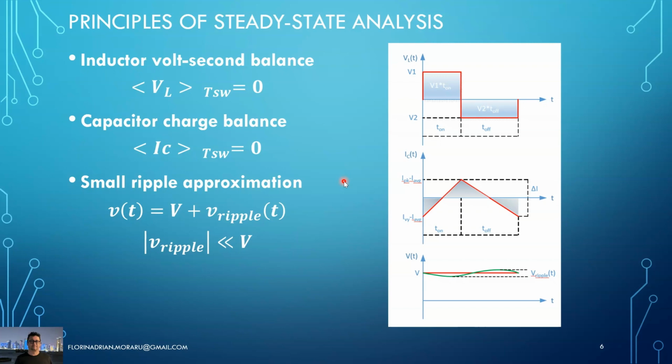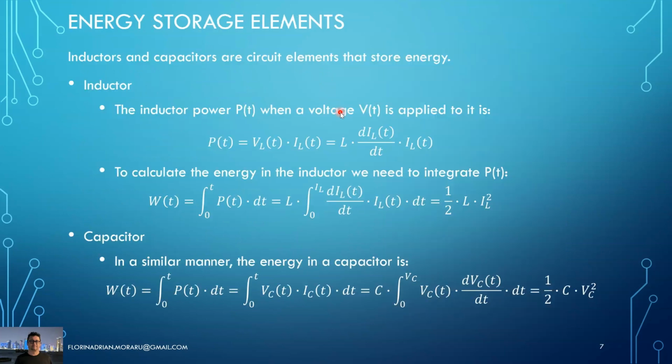Therefore, in the analysis of DC to DC converters, we often consider the voltage as being constant over one switching period. Okay, so those are the three very important principles used in the analysis of DC to DC converters.